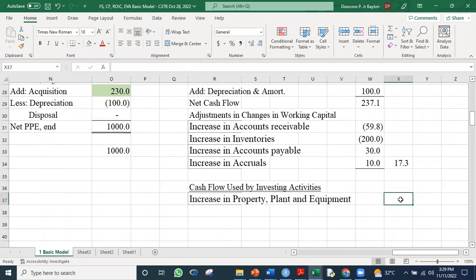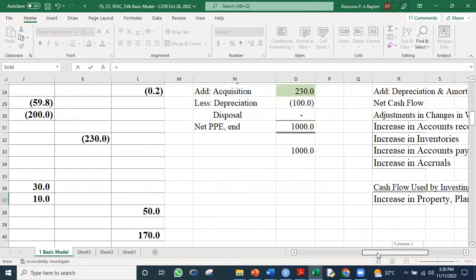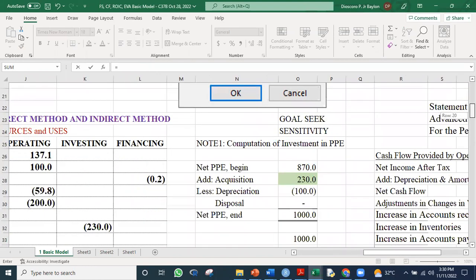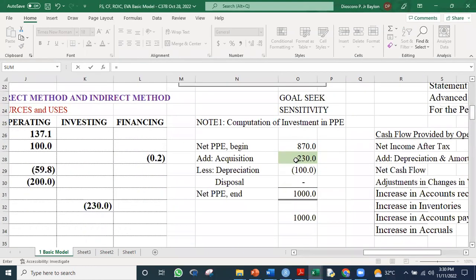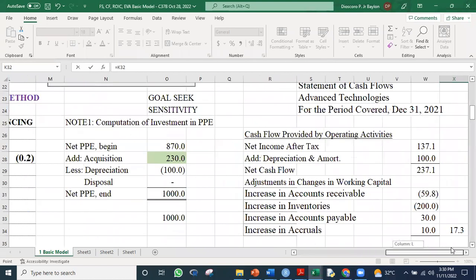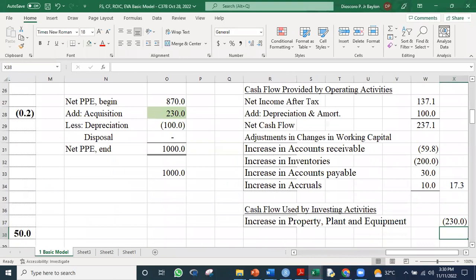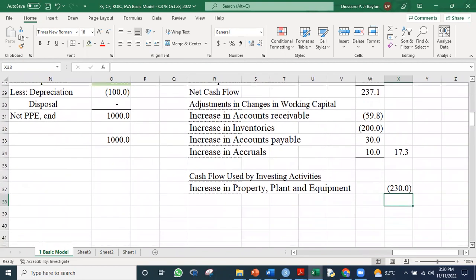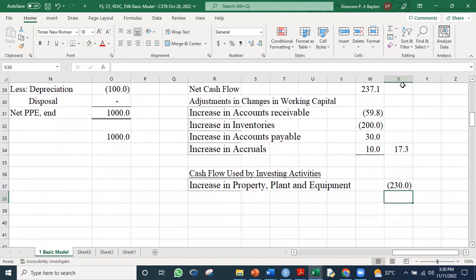And this is equal to, okay, it's here or here. I'll just copy this one. Okay, so notice you have on this side all the operating, investing, and financing activities totals. We're putting it in column X in one column. So for investing, there's only one.